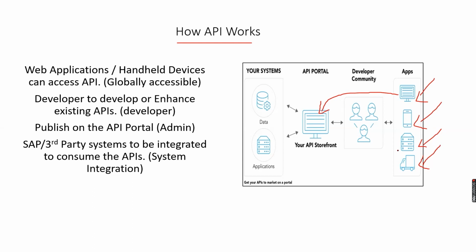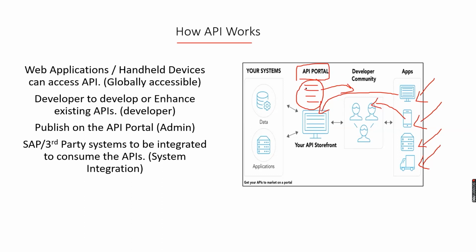Whenever you want to access any API which is published in the API portal, here we have a list of APIs. Remember, in the API portal we have a list of APIs, but the user can't directly access the API from the API portal. Whatever APIs are in the API portal, first he publishes into the developer portal. Then whatever application you want to access, you just access the developer portal, not the API portal.